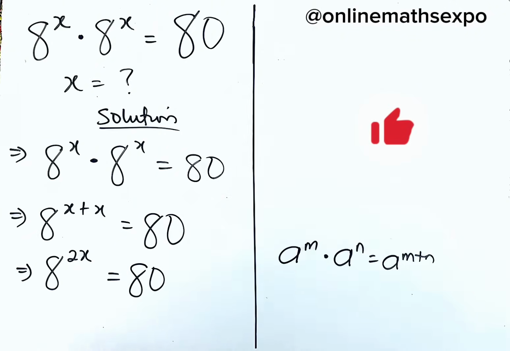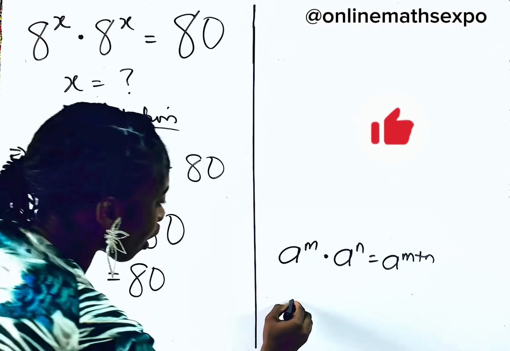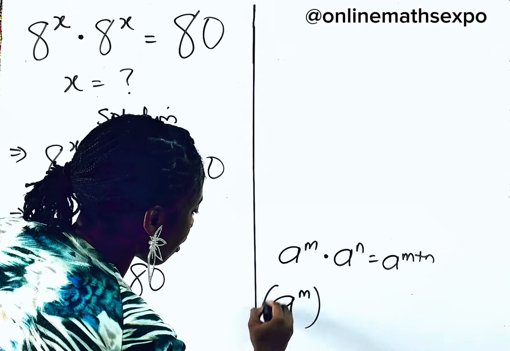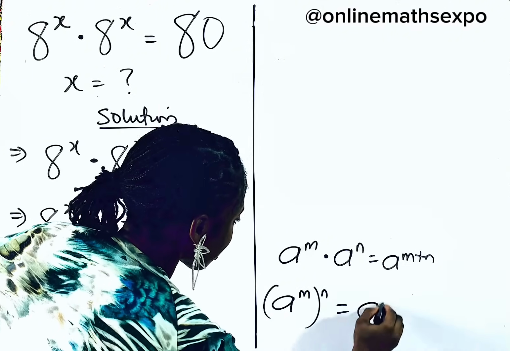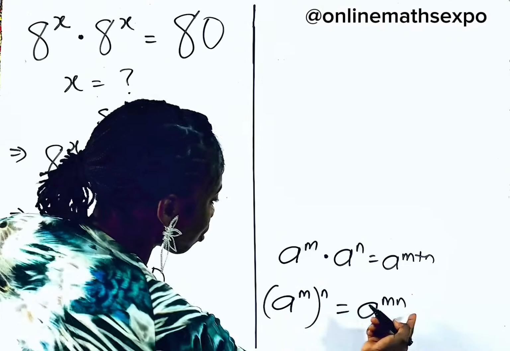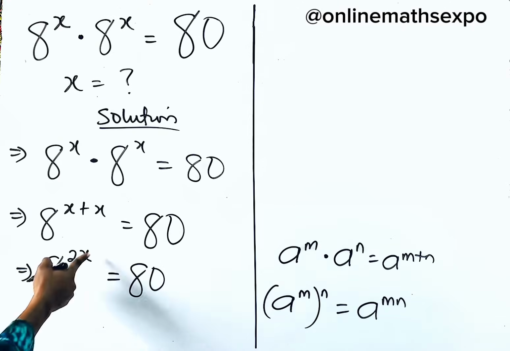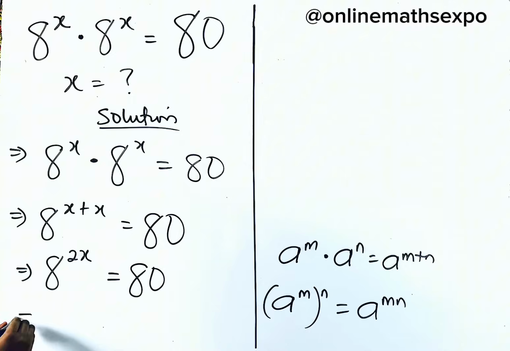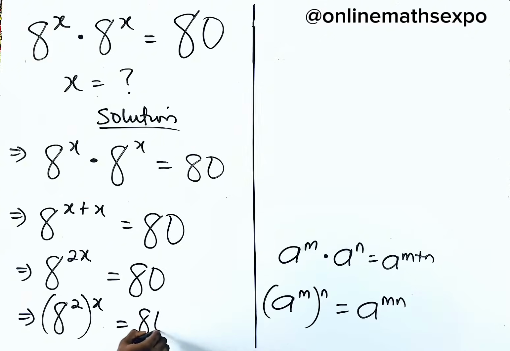Now, at this point also, remember, for every a to the power of m raised to power n, it is a to the power of mn. The powers will multiply. So in that case, this is the same as 8 to the power of 2 raised to power of x, obeying what we stated here, and is also equal to 80. Now, keep simplifying this.